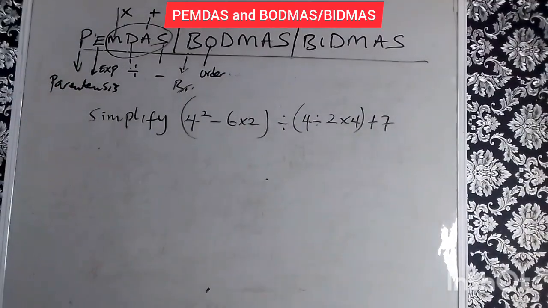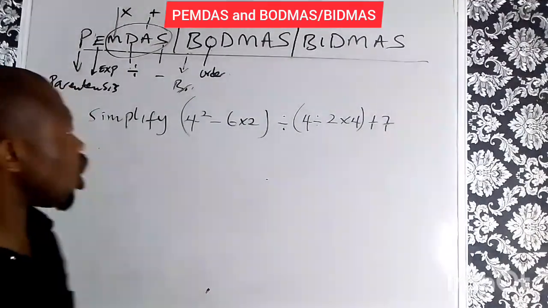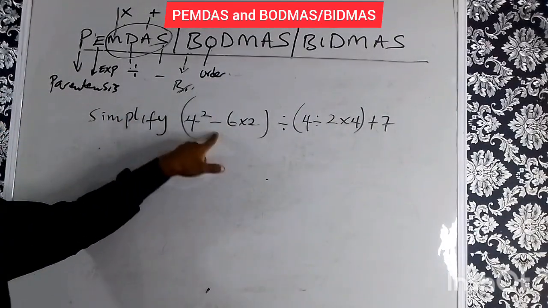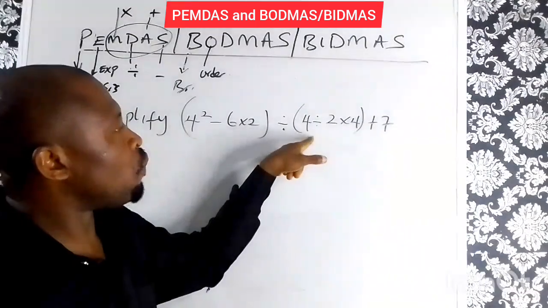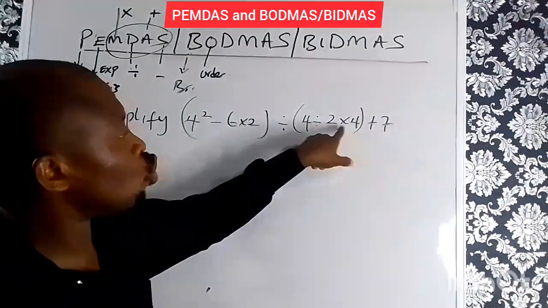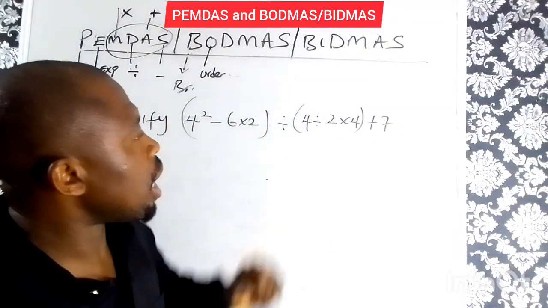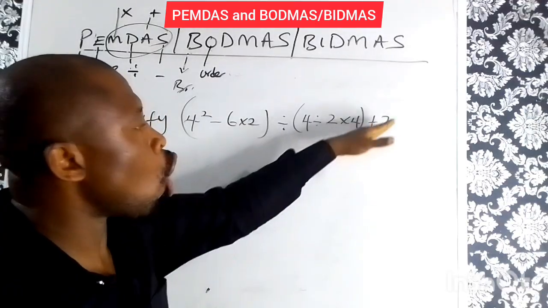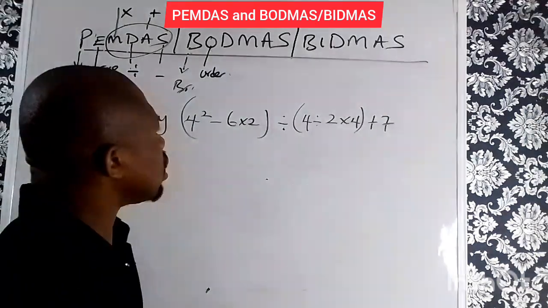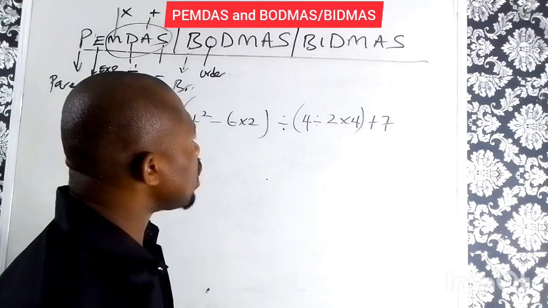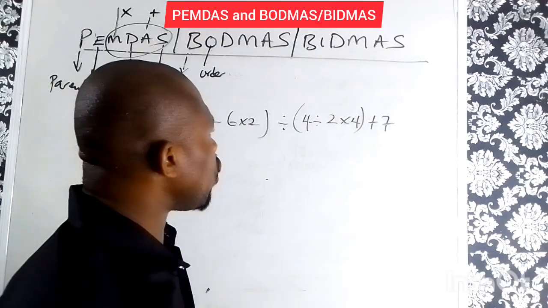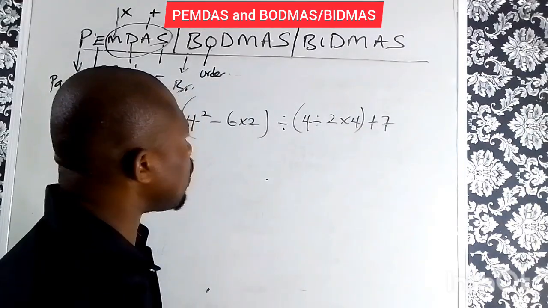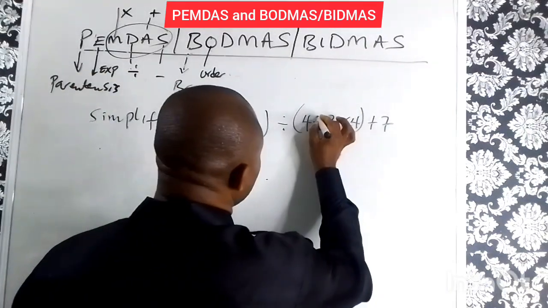All right. Now we have this question on the board. Simplify 4 squared minus 6 times 2 divided by 4 divided by 2 times 8... 2 times 4 plus 7. Now, how do we do this? If we want to operate on this, we have, okay, this is plus here, this is plus.